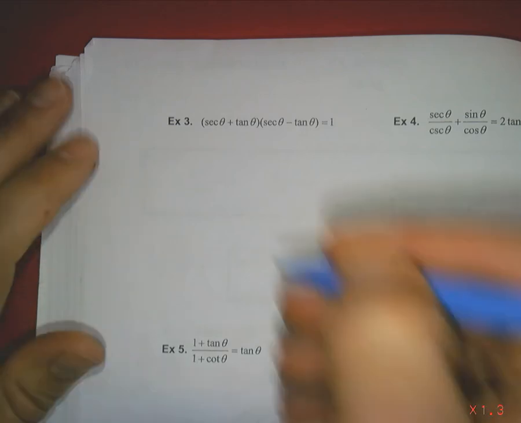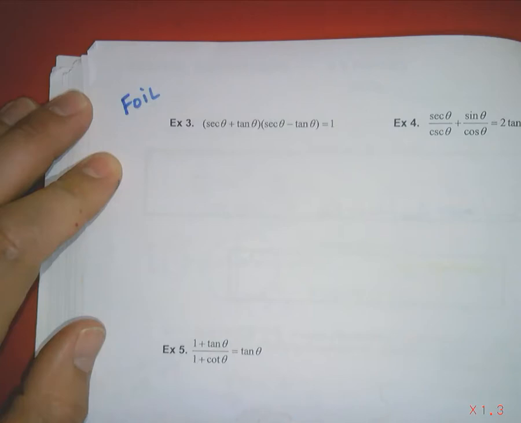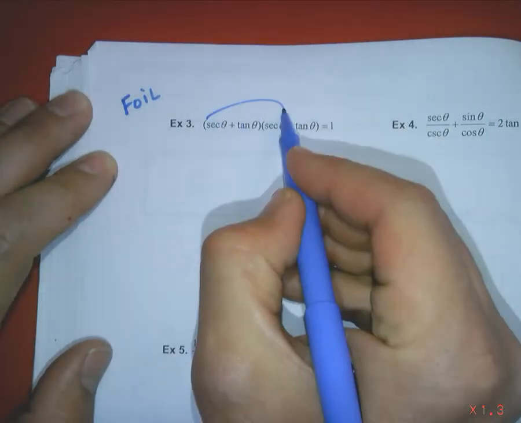I got example 3. I've got secant plus tangent, and then times the quantity secant minus tangent. All right. What does your heart tell you to do? Listen to your heart. When you have a quantity times a quantity, what should we do? Yeah, that 4-letter F word you can say in math class. First, outers, inners, last. Go ahead and FOIL that thing. We'll see what happens. So I've got secant times secant.